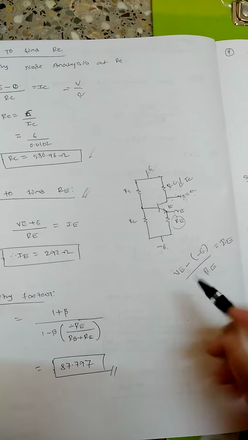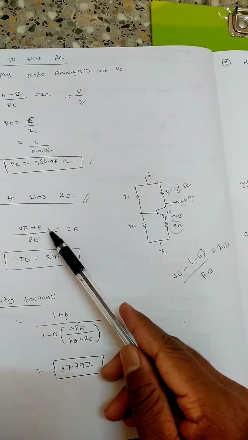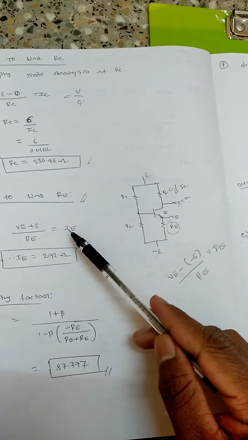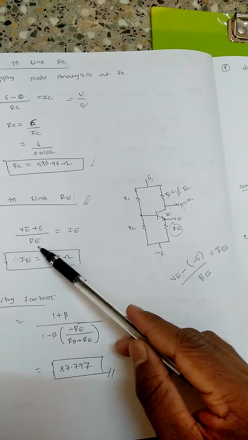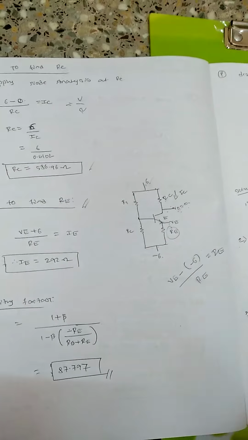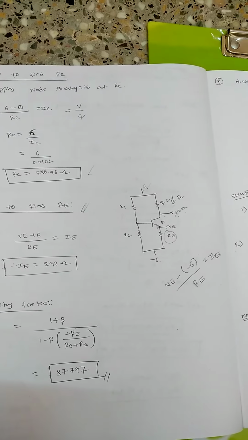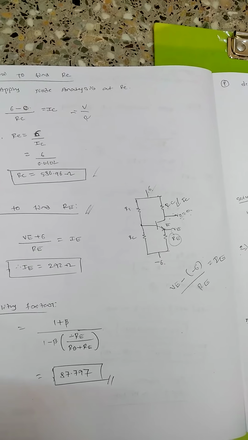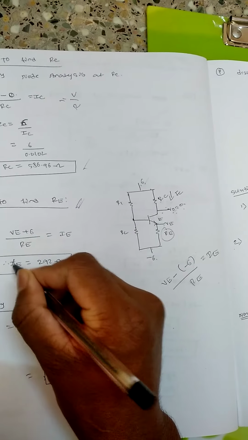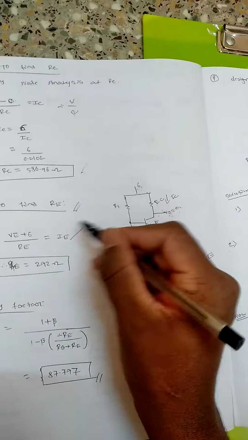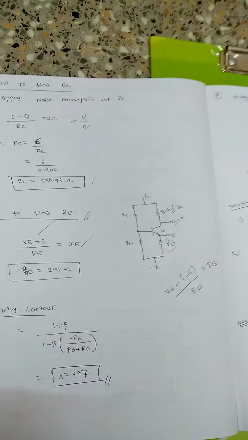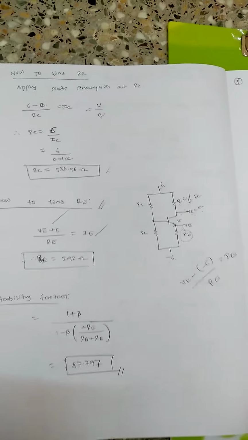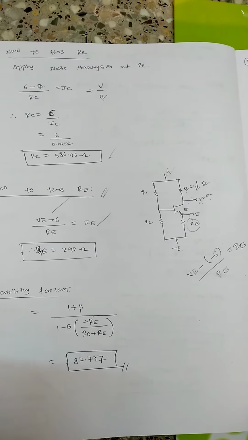So minus minus becomes plus, so that's why I directly wrote it as plus 6, divided by the emitter resistance RE, which will be equal to the emitter current, that is IE. IE I know, VE I know, so I need to find out RE, so RE equal to 292 ohm. So I have got RC, I have got RE.